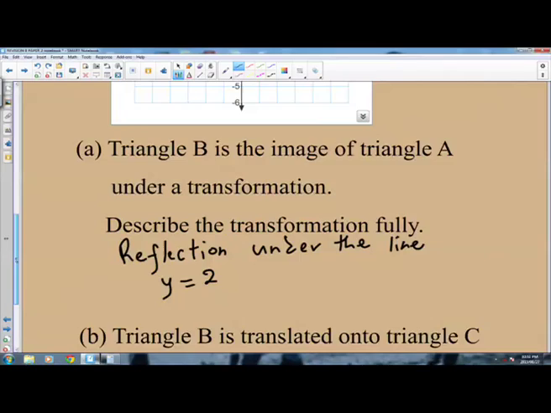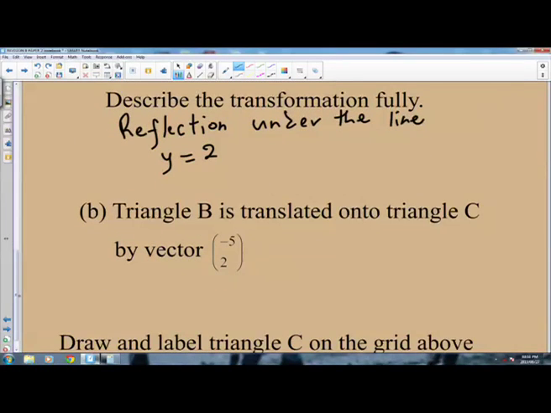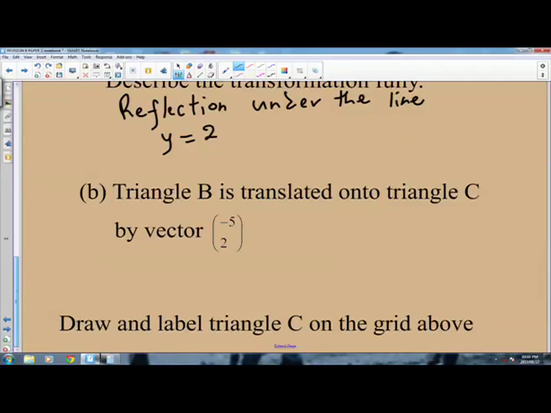And then B. Triangle B is translated onto triangle C by vector -5, 2. So we are told that this is a translation using vector -5, 2. And then it says draw and label triangle C on the grid above. So we are to draw the triangle C using vector -5, 2.